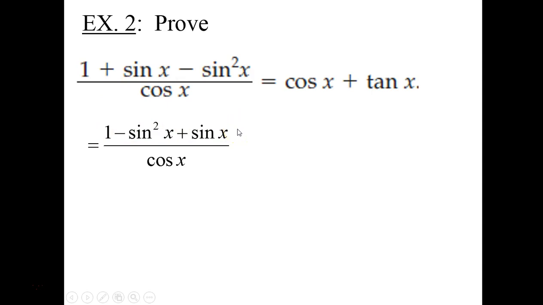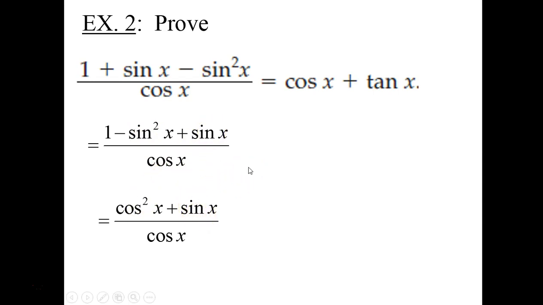Why do I want to group them differently like that? Because 1 minus sine squared does in fact give me a Pythagorean identity for cosine squared, and then I get here.